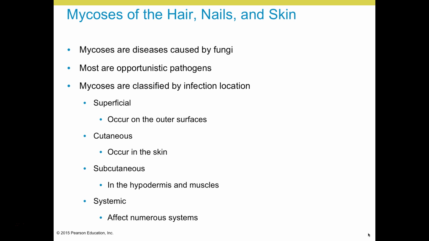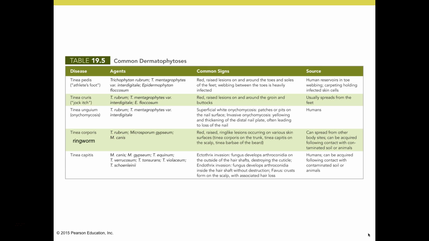Some are cutaneous because they go all over your skin. Subcutaneous is under, and systemic involves numerous systems. Some common ones are the dermatophytoses, those that cause disease: athlete's foot, jock itch, ringworm. Become familiar with these.